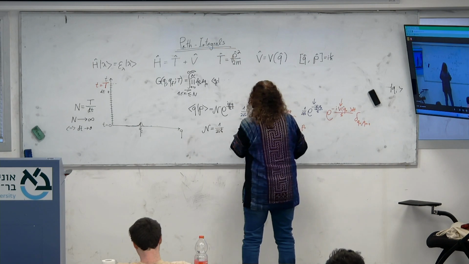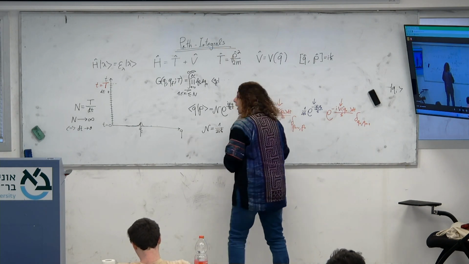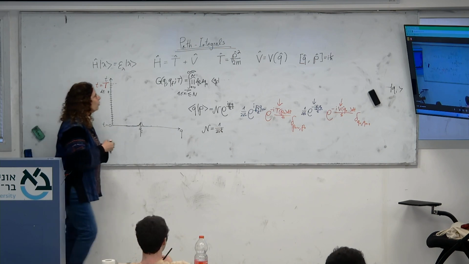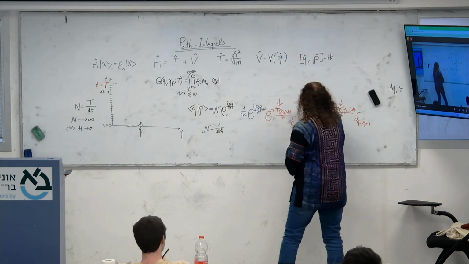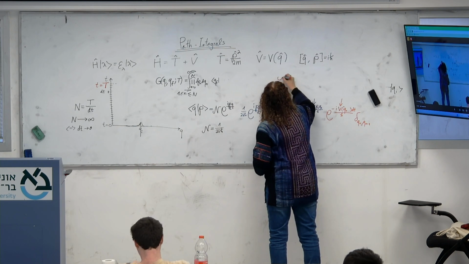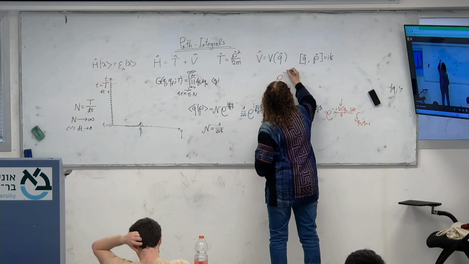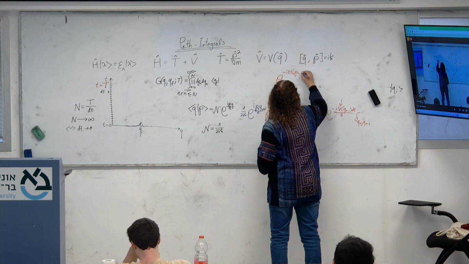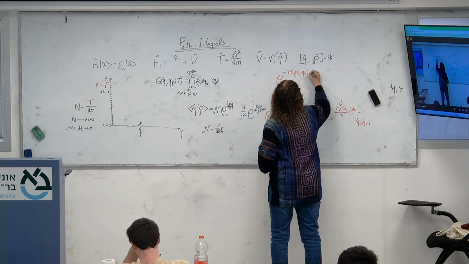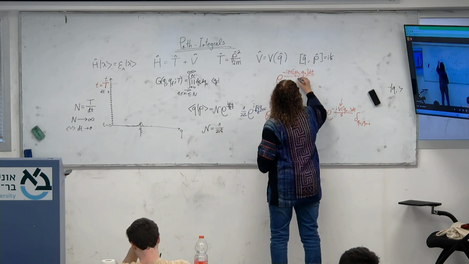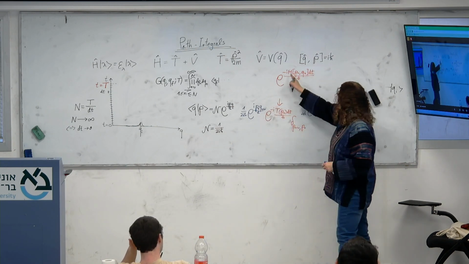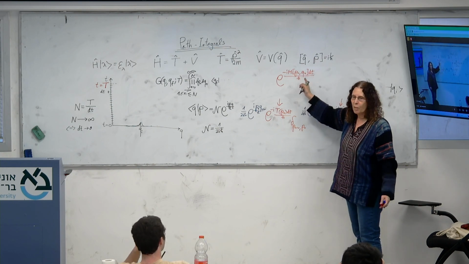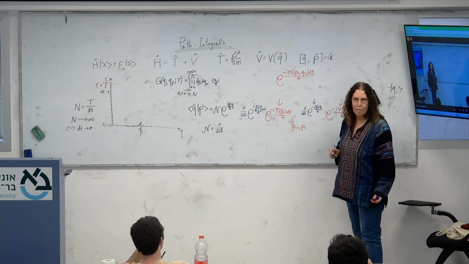Let me use the color red to write this exponent. It will give me e to the minus i H of P_n, Q_n dt over h bar, where H of P_n and Q_n is just a classical Hamiltonian, if you like, because it's a function of the two variables.